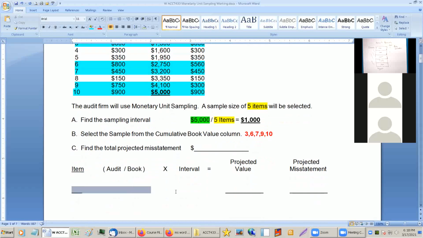Okay. So for item 3, we'll take our audit amount over our book amount.